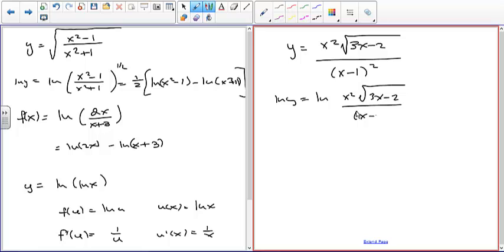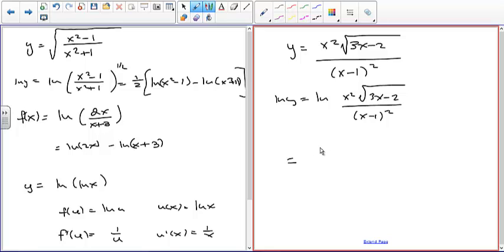How would I rewrite this using the properties of logarithms? I would probably put the 3x minus 2 in parentheses and raise it to the 1/2 power, and then you would have the natural log of that minus the natural log of (x minus 1) squared.